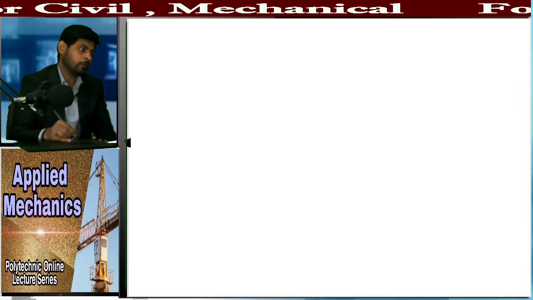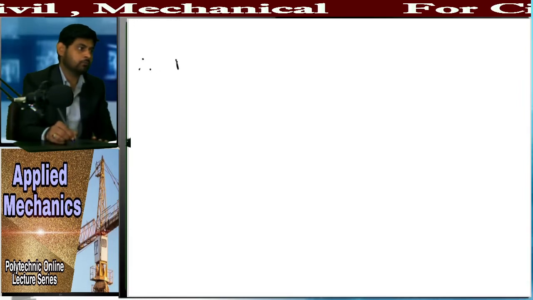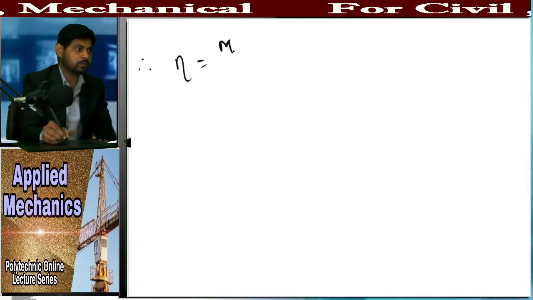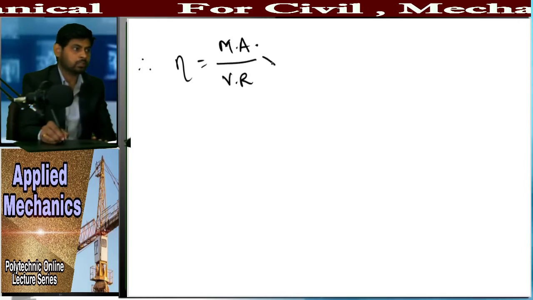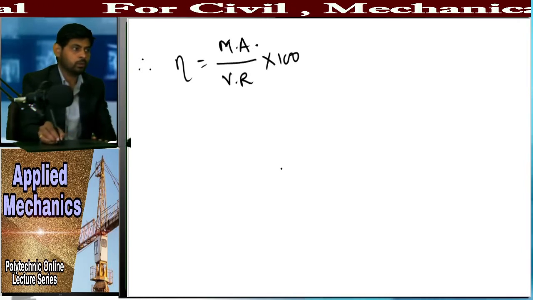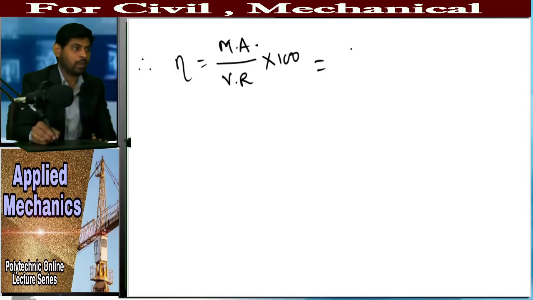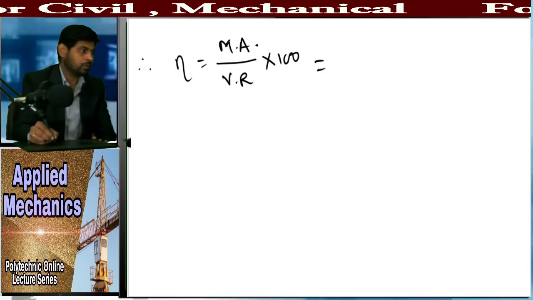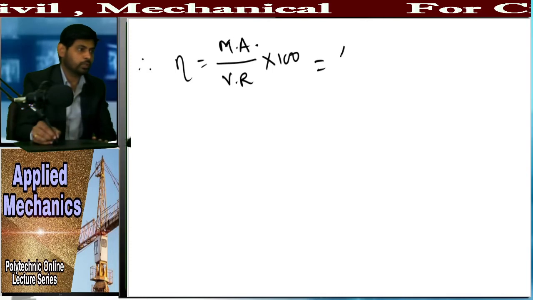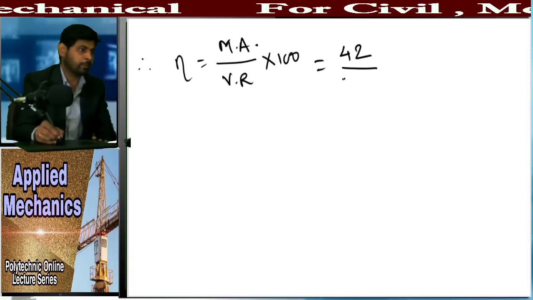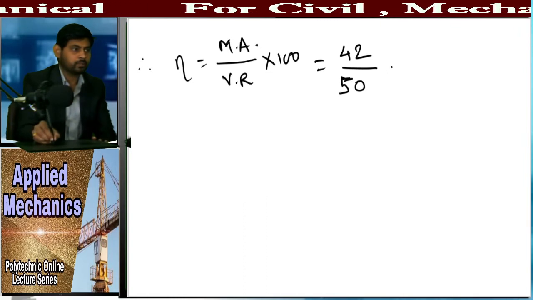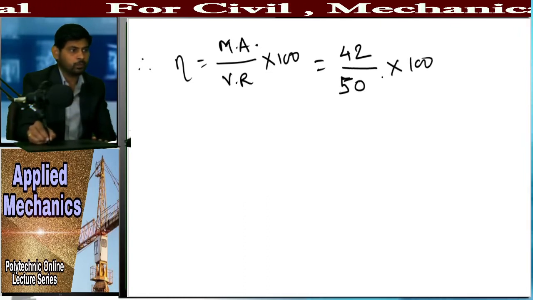So here now use the formula of efficiency. Therefore efficiency is equal to mechanical advantage divided by velocity ratio into 100, right? So the value of mechanical advantage is how much? It is 42, divided by the value of velocity ratio, 50, into 100.